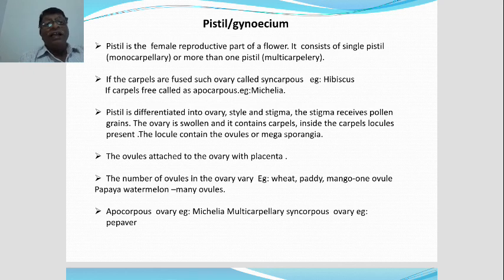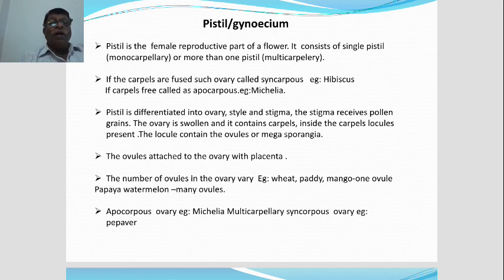The phenomenon is called placentation. You have studied in your first PUC different types of placentation. For example, marginal, axial, parietal, basal, free central, etc. With regard to number of ovules in the carpel, carpel may contain only 1 ovule.